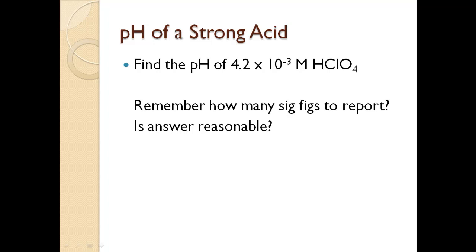First of all, is that reasonable? Yes, it is. Perchloric acid is a very strong acid, so you should get a really low pH. Now, do you remember how many sig figs you should report? However many sig figs you have in your number, that's how many sig figs you should have in your mantissa. Since there are 2 sig figs here, your answer should be 2.38.